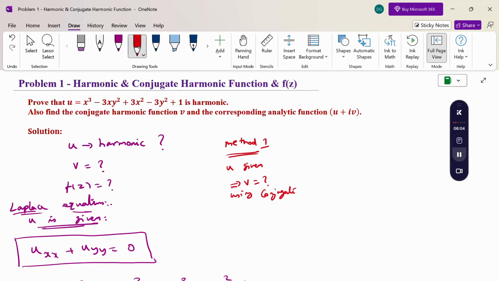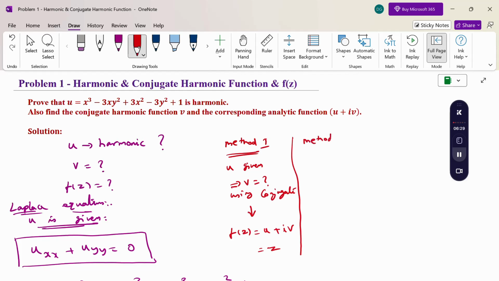Now this is v, the conjugate harmonic. Now if you know u and v, then to find f of z, substitute v in u and simplify in terms of z. This is method 1.